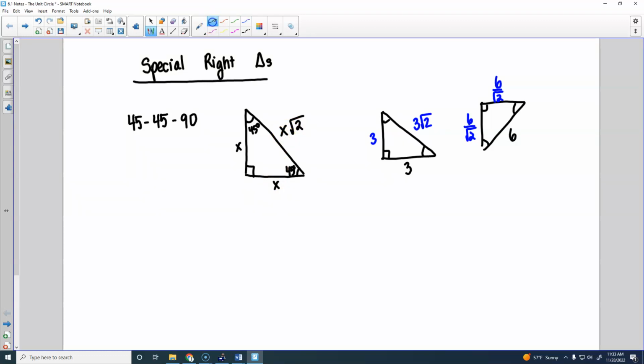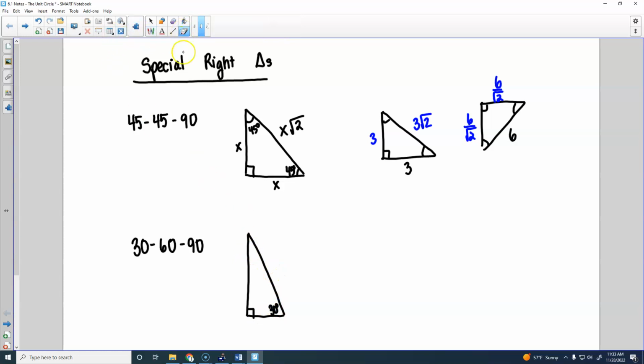Okay. The other ones that we learned are 30, 60, 90. Oh, I've got that backwards. That should be the 60. It's the bigger angle.